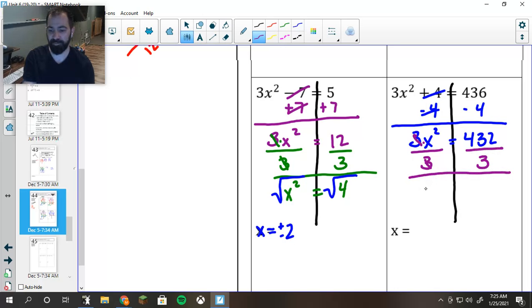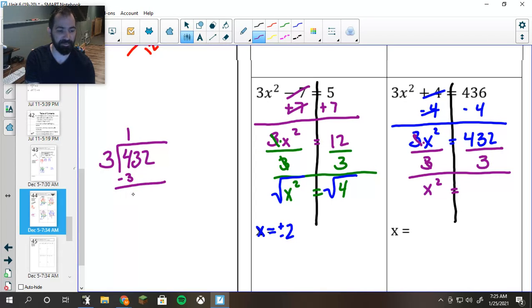We're left with x squared equals, let's show it again. Look at this, doing some long division today. Divide by 3, we get 1, which leaves us with 1 over 13. Bring our 3 down here.